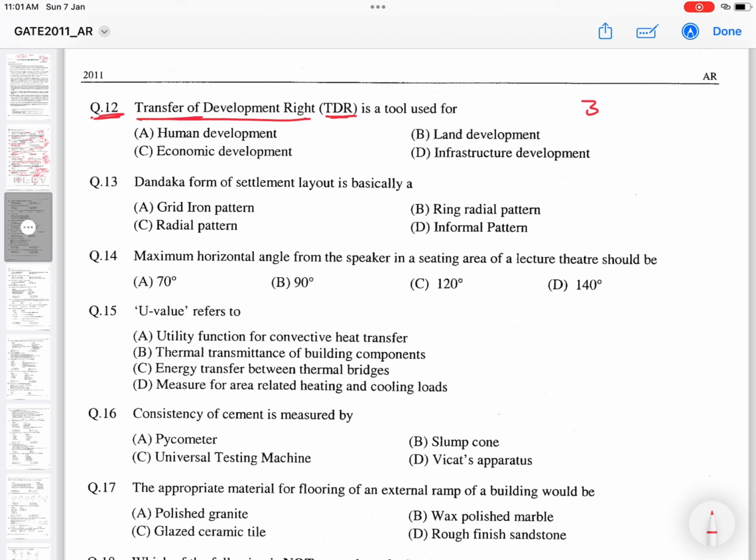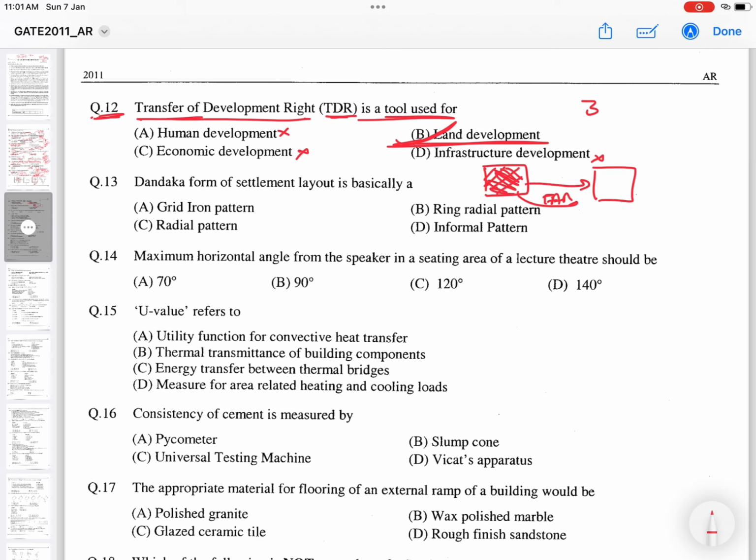Question number 12. Transfer of development rights is a tool used for, it's not used for any human development, not economic development or infrastructure development. It is a tool of land development where you sell your rights, like you sell FAR of this area to another area, because you will never build anything here.